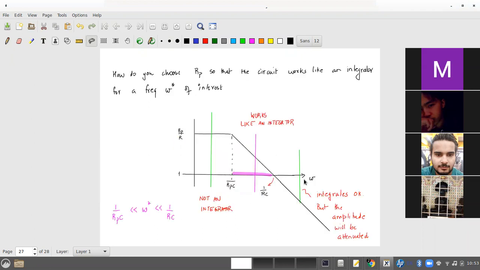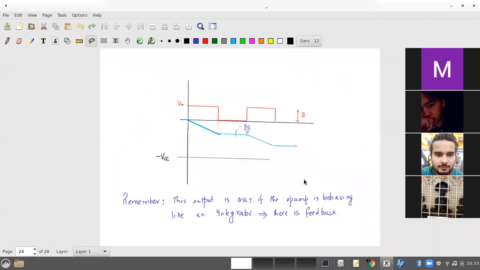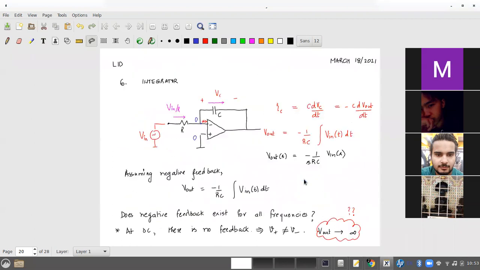So even though your frequency of interest may not be DC, you can split up your input into the offset component, which is at DC, and your frequency component of interest. For DC, the gain is going to be infinity, and it's going to cause the op-amp to saturate, because for DC there is no feedback.